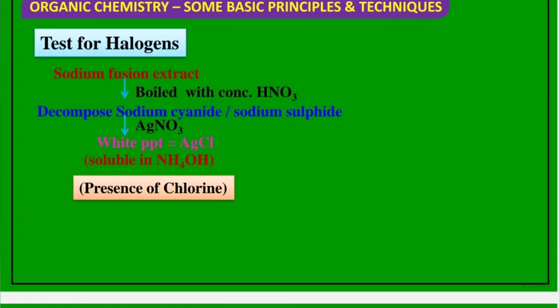The next one is detection of halogens, that is chlorine, bromine, iodine. Test for halogen: the sodium fusion extract is boiled with concentrated nitric acid, which decomposes sodium cyanide or sodium sulfide.